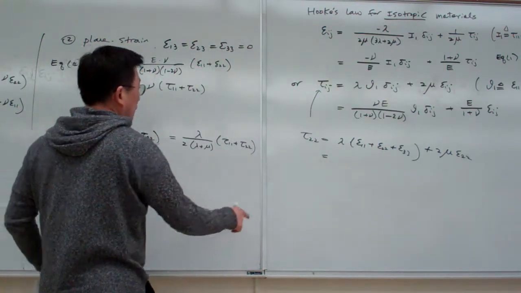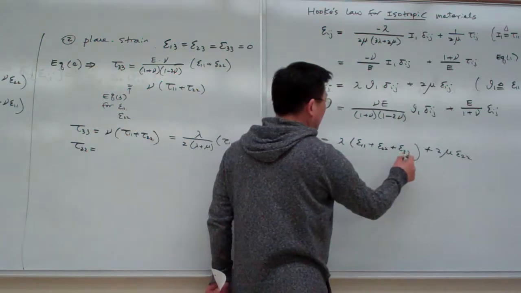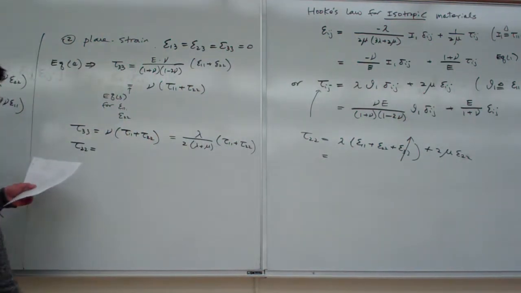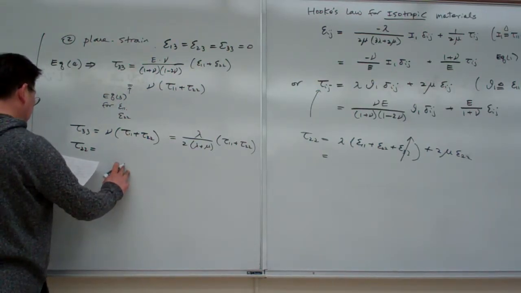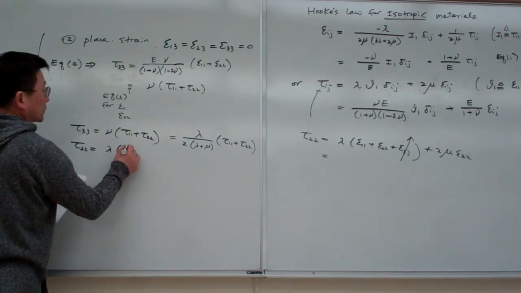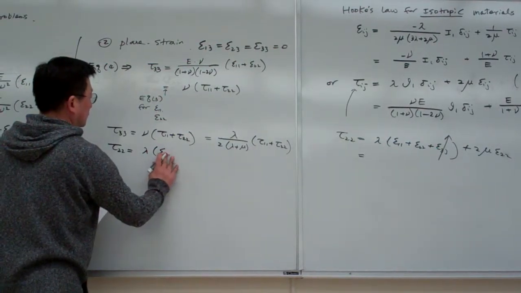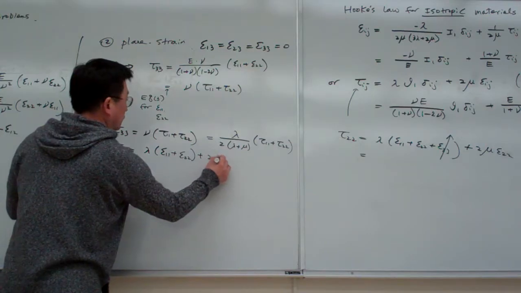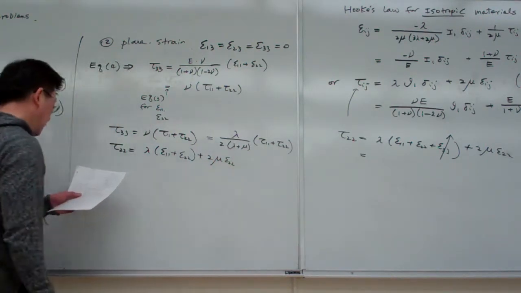So in this way, when the tau 33 element equals 0, then tau 22 simply is equal to lambda plus 2 mu times epsilon 22 plus lambda epsilon 11.